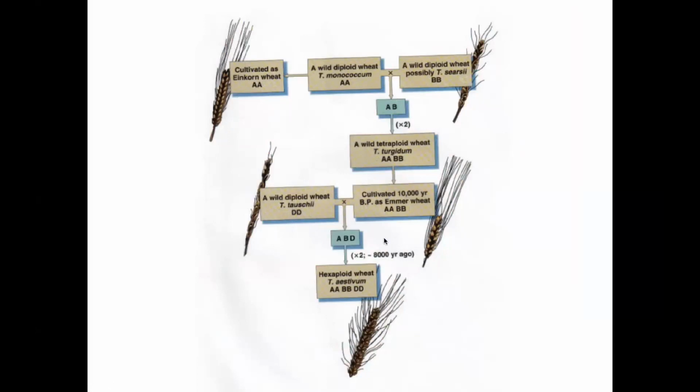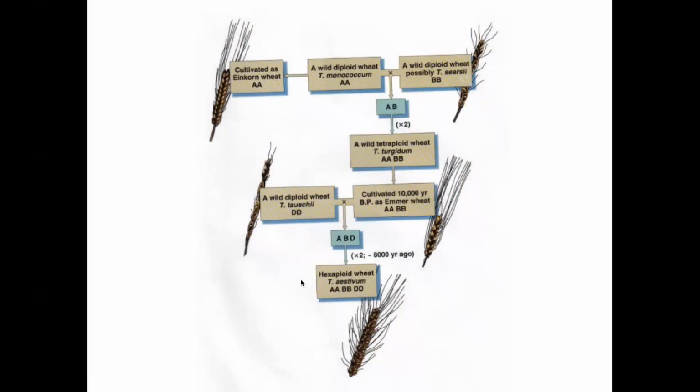In this case, this would be an allohexaploid, because you've now combined 3 diploid genomes into a single new genome. So this actually represents modern day bread wheat. It's an allohexaploid, consisting of these 3 original diploid genomes of those 3 original progenitor species.